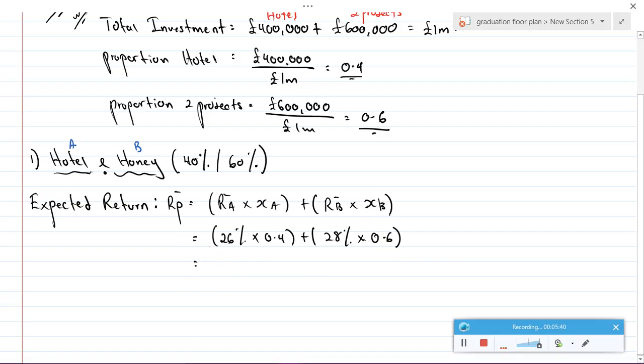So you will get 27.2%. So now you already combine the investment, hotel and honey. So we get 27.2%. That's the return for both projects.